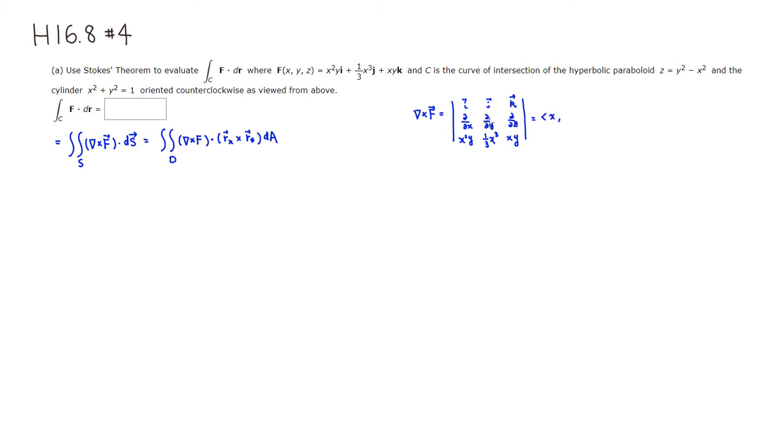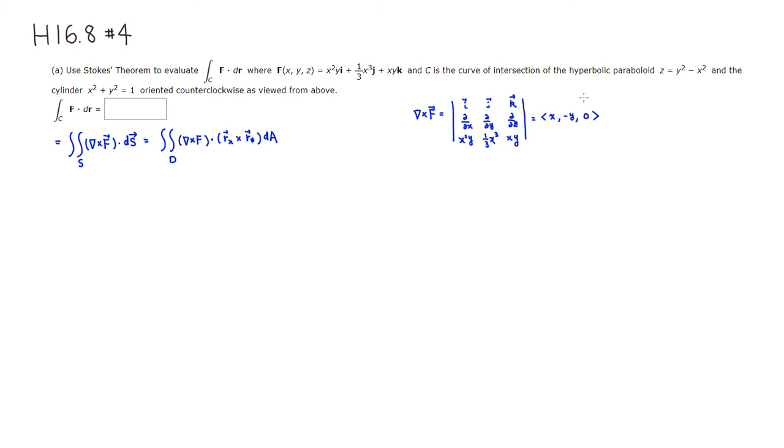The second component is 0 minus the partial with respect to x, so negative y. The last component is x squared minus x squared, so it's 0. That's kind of nice.